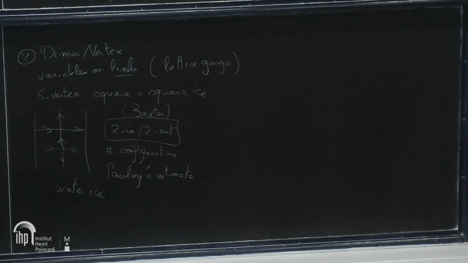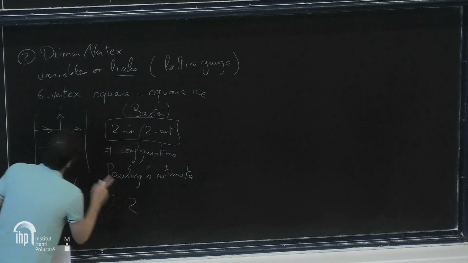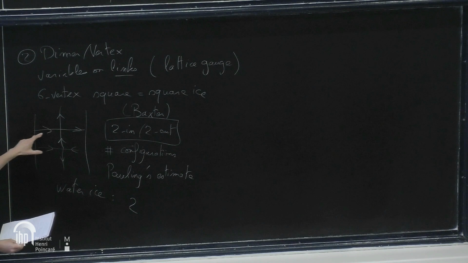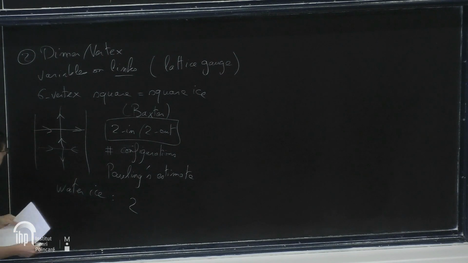And so what Pauling did was this very simple and crude estimate. We can apply it here to our model, but it's the same for the pyrochlore. So now if n is the number of sites, we have 2n degrees of freedom, because for each site there is a bond to the right, a bond up.